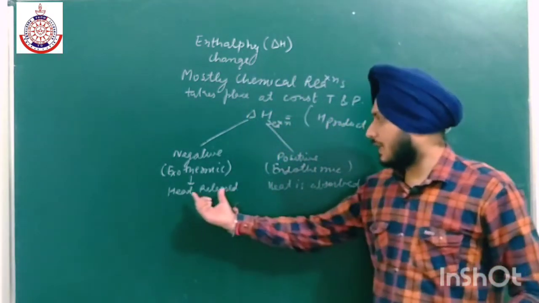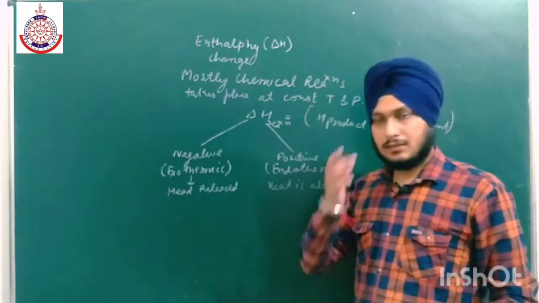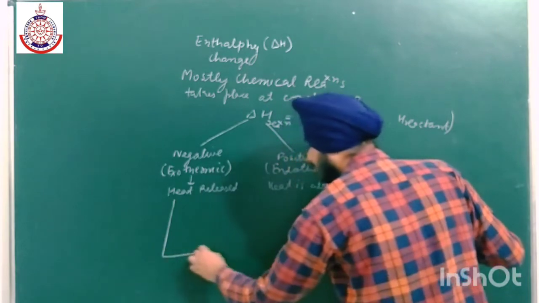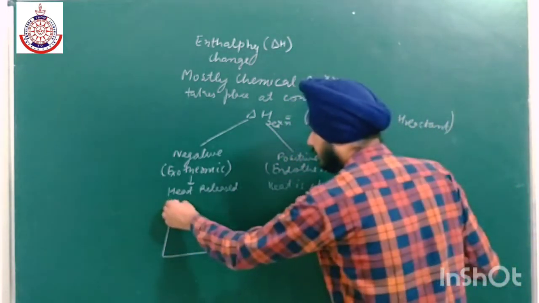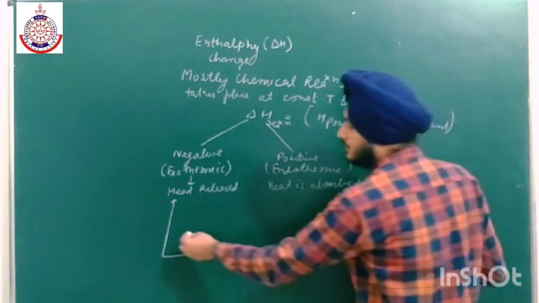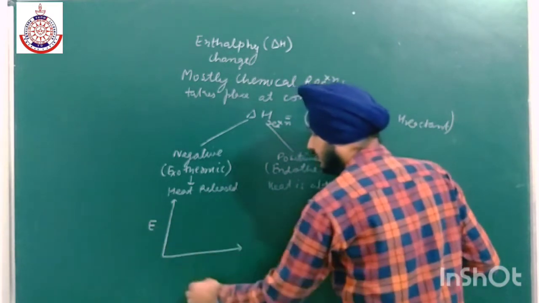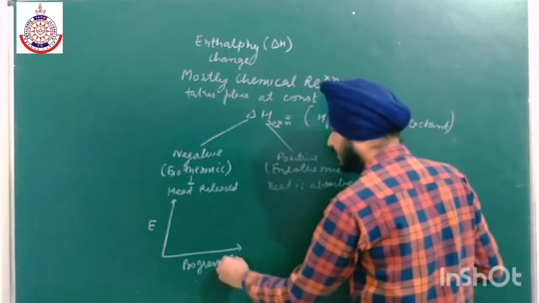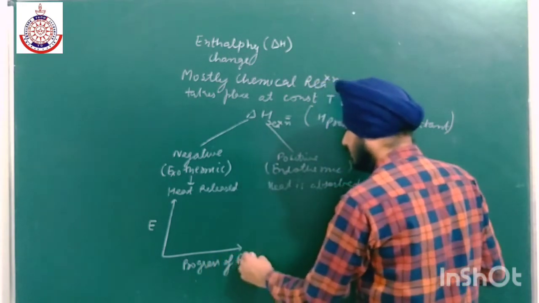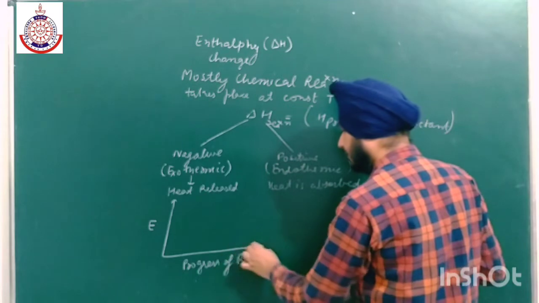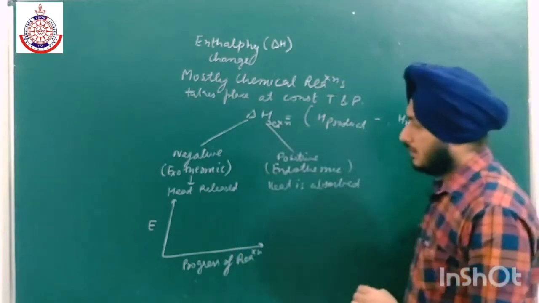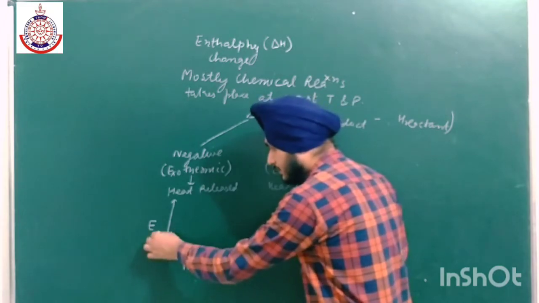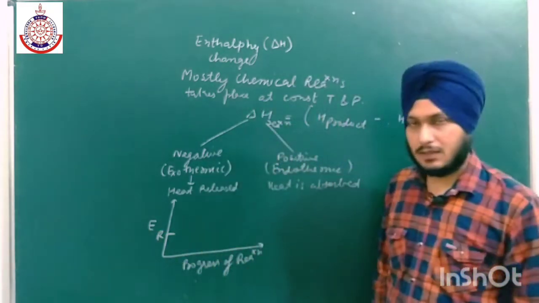So in case of an exothermic reaction, the heat is released, and if I am making the graph, let us assume that here we have the energy and here we have the progress of reaction, or the reaction coordinate. Let us assume this is the initial energy of the reactant.